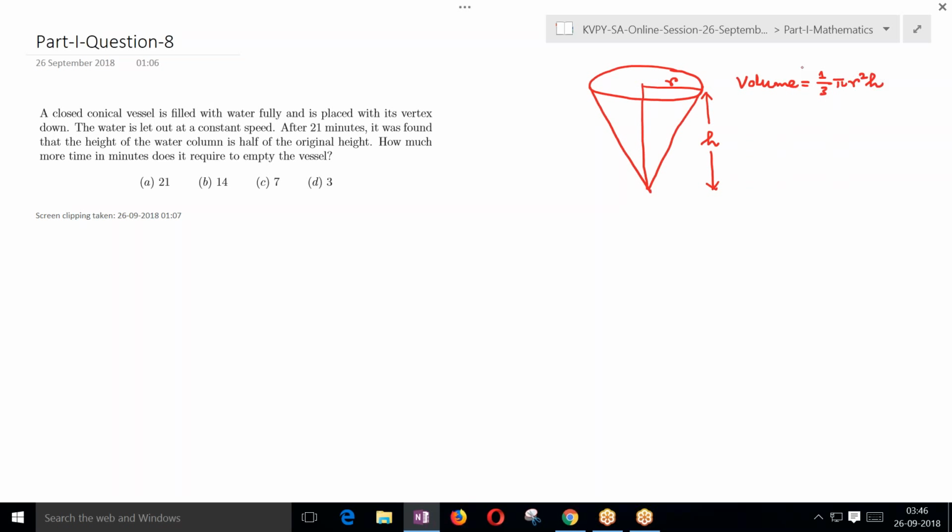Now what happened is that after 21 minutes, it was found that the height of the water column is half of the original height. So after 21 minutes, the water comes like this. This is the radius, and this becomes h by 2.